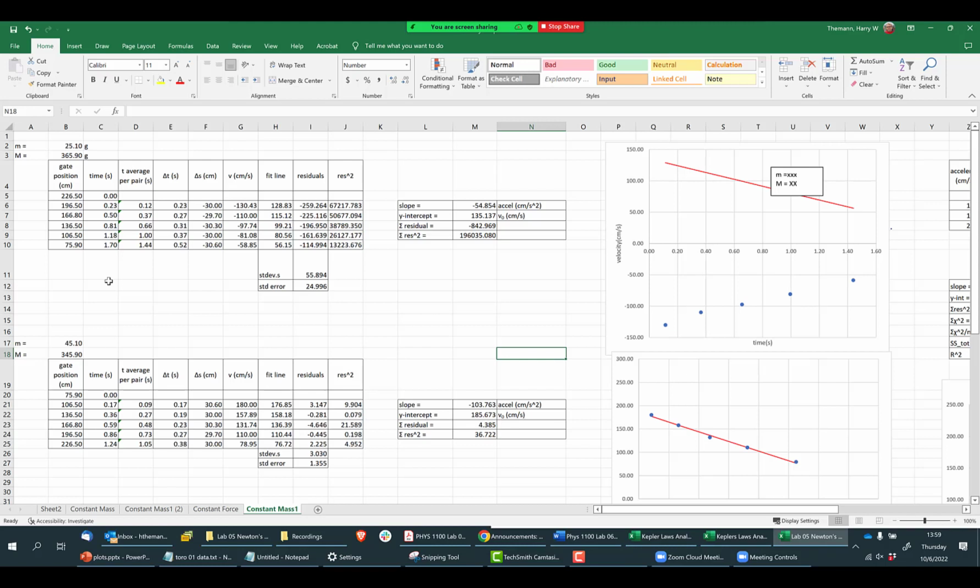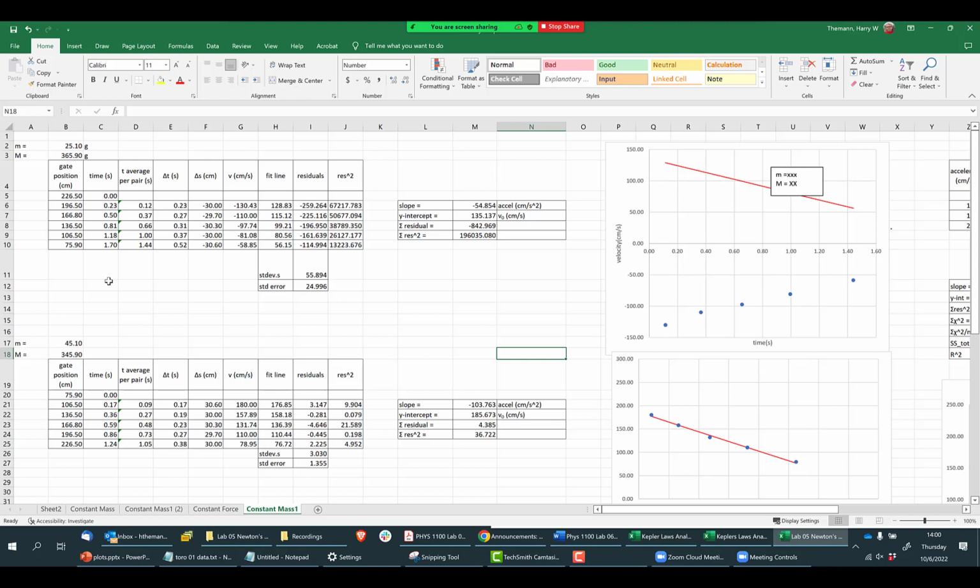If, for example, we now look at the table I have there and the graph, you'll see that this is what would happen if you had started from gate 0, well, in this case, gate 5, at 70.